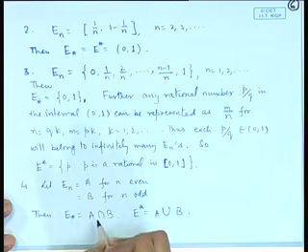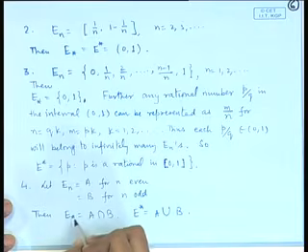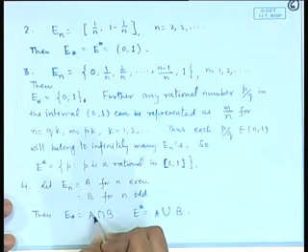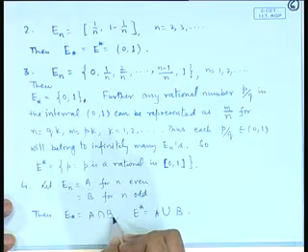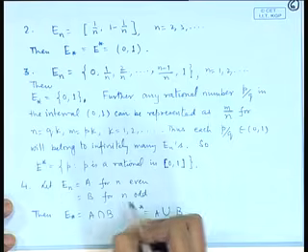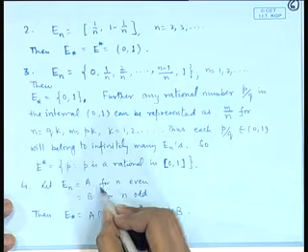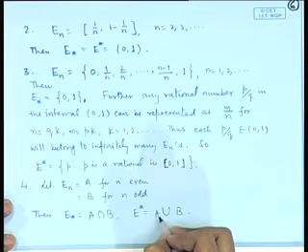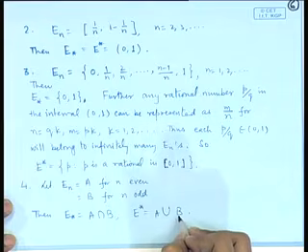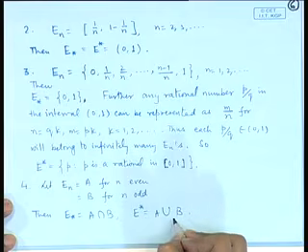Therefore, the only points which can belong to E lower star are those common to both A and B. On the other hand, any point which belongs to either A or B will be there in infinitely many sets, and therefore, the E upper star will be A union B.